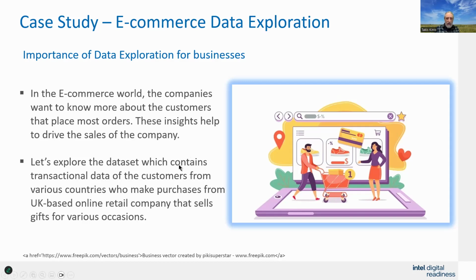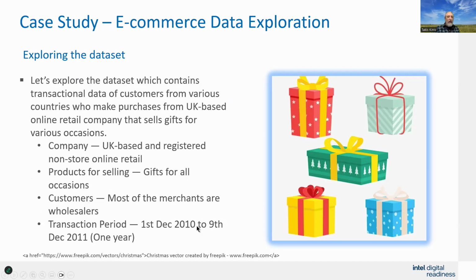It says it contains transactional data from customers in various countries who make purchases from a UK-based online retail company that sells gifts for various occasions, right? And we can look at the data set. So for example, we have information about all of these different things: what products we're selling, the company, the customers, and transactions that take place in a certain time range, right?